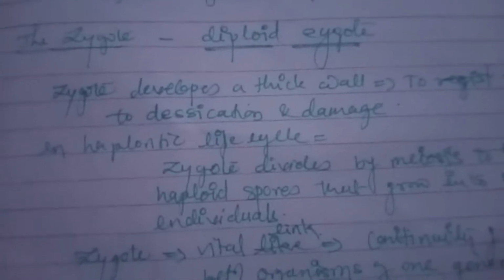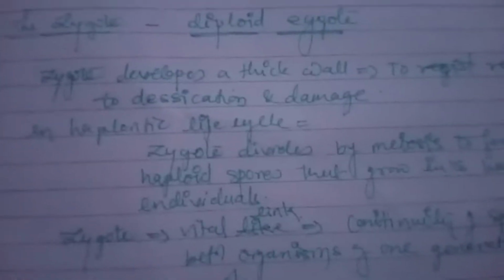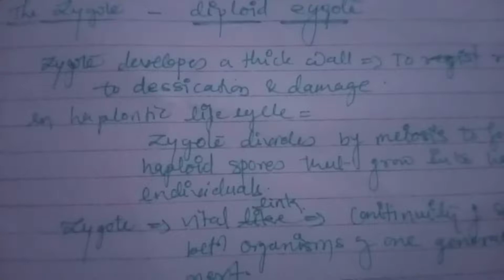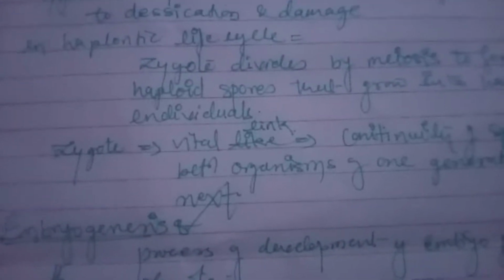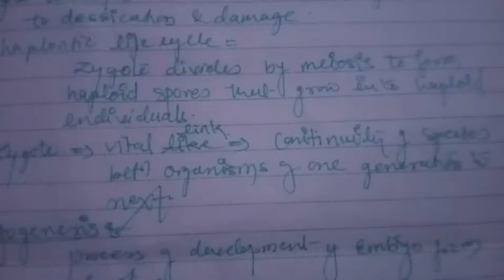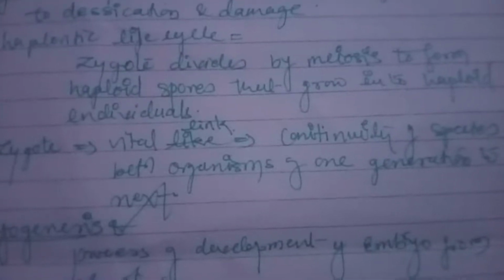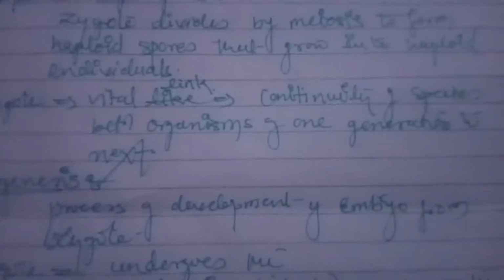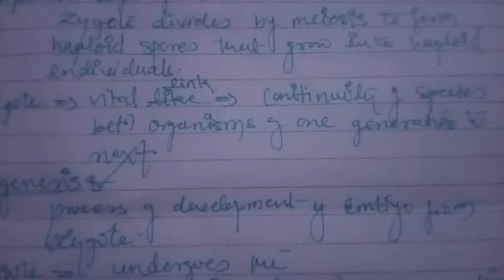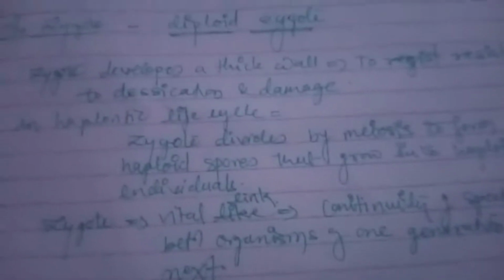Zygote is diploid in nature, and some zygotes develop a thick wall to resist desiccation and damage. Then in the haplontic life cycle, the zygote divides by meiosis to form haploid spores that grow into haploid individuals. The importance of the zygote is that it is a vital link for the continuity of species between the organisms of one generation to the next generation.